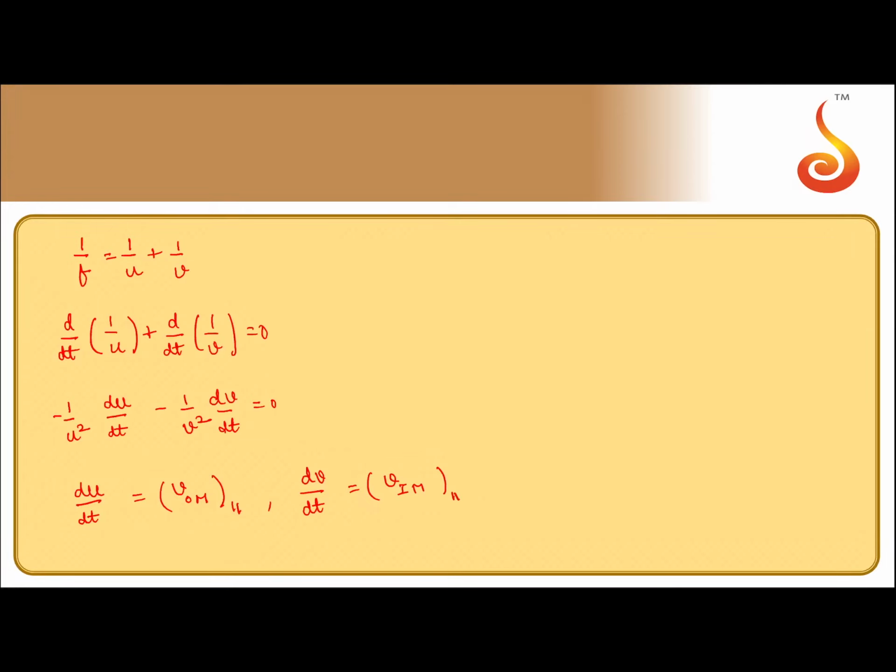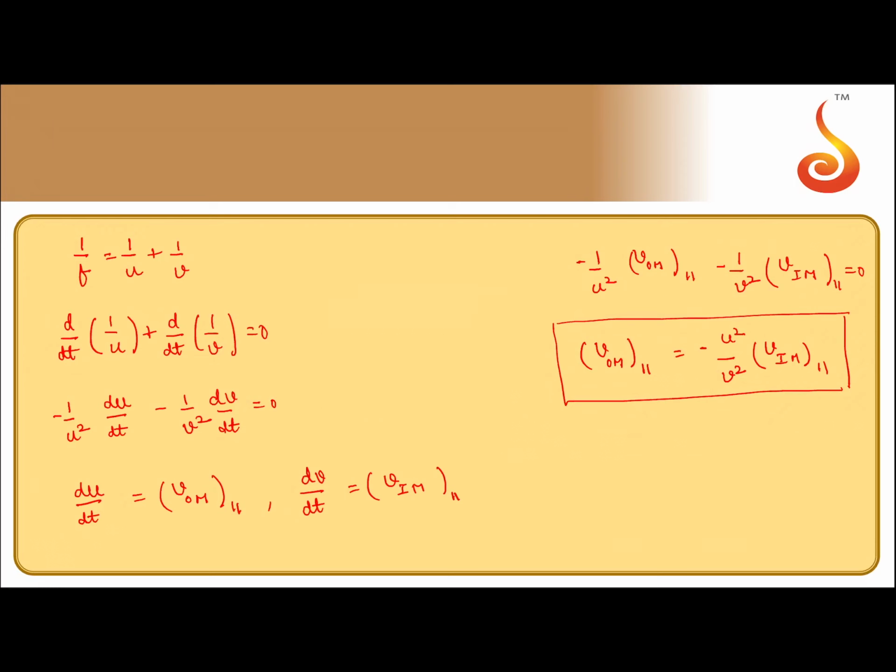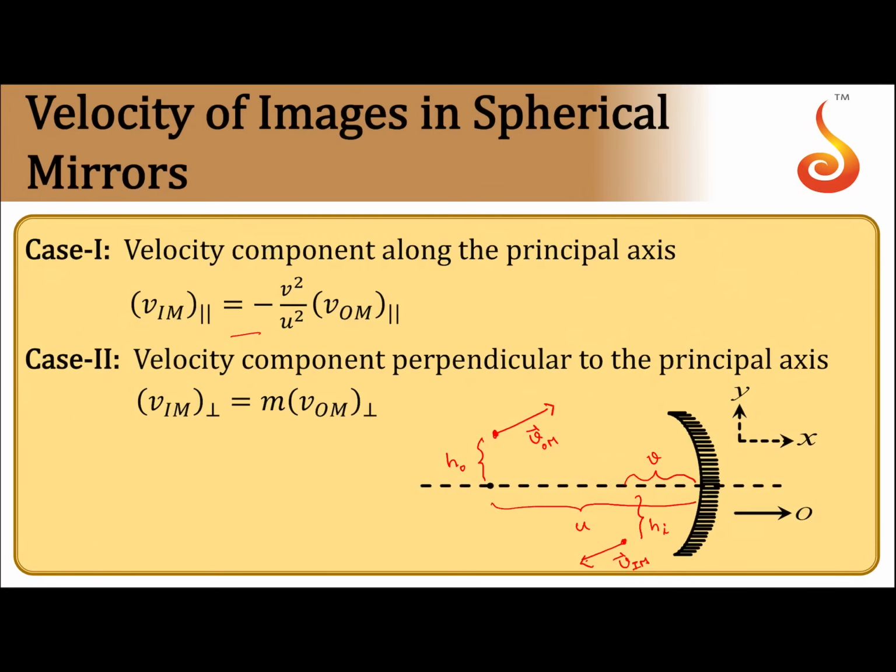So we finally get minus 1/u² V_OM, which is a parallel component, minus 1/v² into V_IM, which is also parallel to the principal axis, and this whole thing is equal to 0. And finally we get the velocity of the object with respect to the mirror, parallel to the principal axis, is equal to minus u²/v² into the velocity of the image with respect to the mirror, parallel to the principal axis. Okay, so this is the relation we have derived right now.